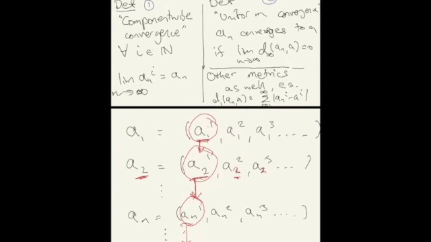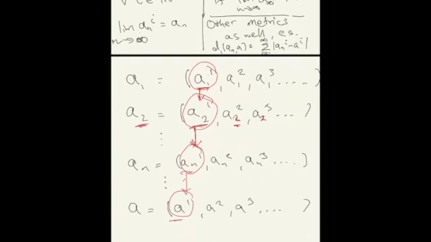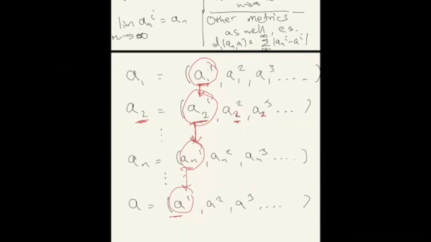Okay, so lessons: indeed, we have different notions of convergence for the same space. And in the case of infinite dimensions, one has to be very careful about what metric you use and what notion of convergence you use.